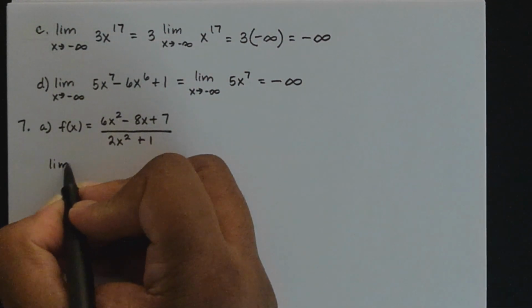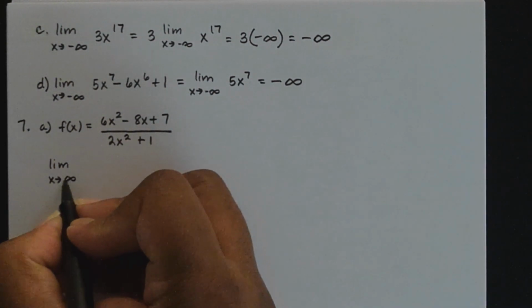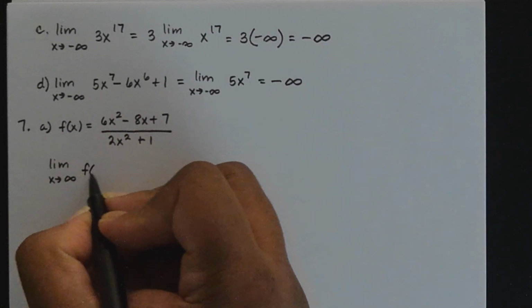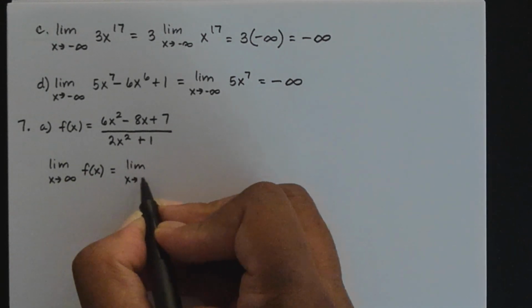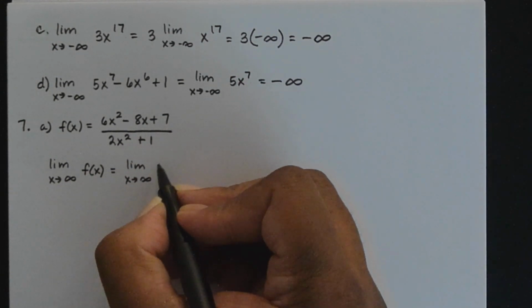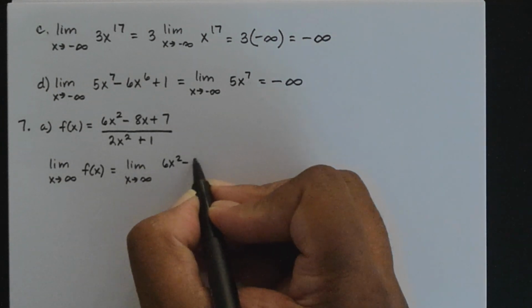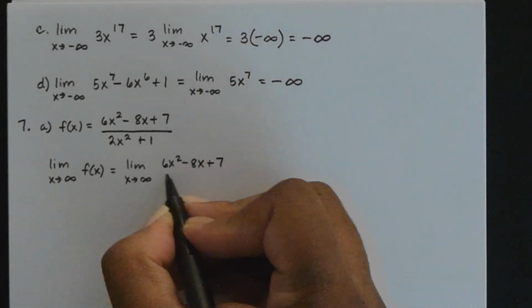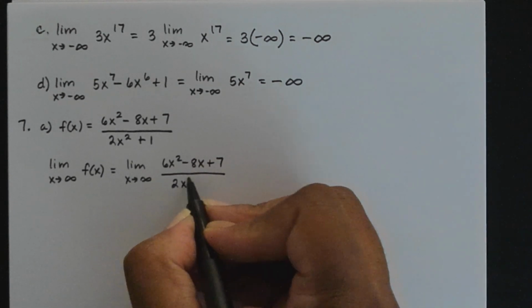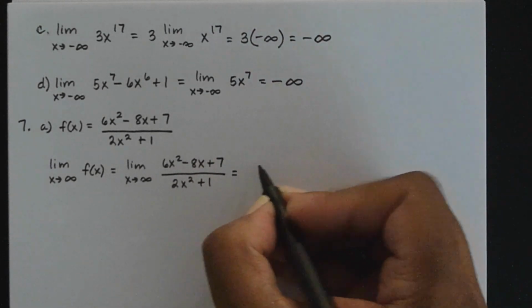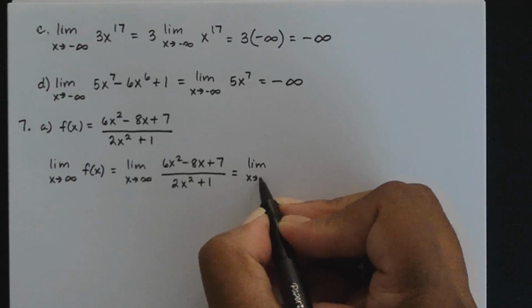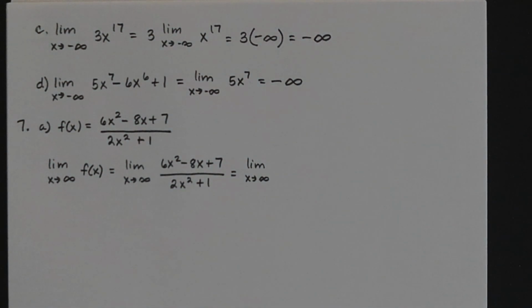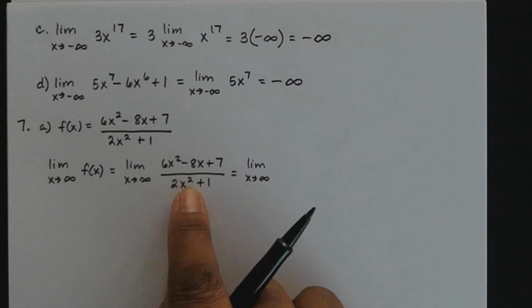And we want the limit as x approaches infinity of f of x. So here we're finding the limit as x approaches infinity of that 6x squared minus 8x plus 7, all divided by 2x squared plus 1. Well, probably the best way to solve this problem would be to divide every single term in the numerator and the denominator by the highest exponent in the denominator.